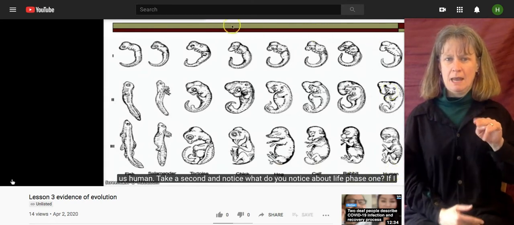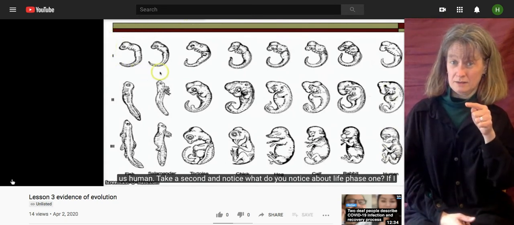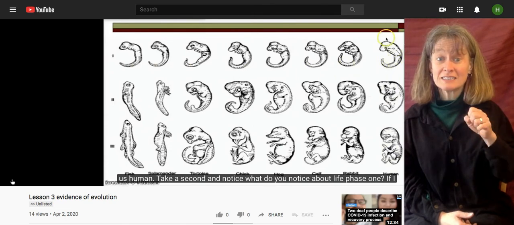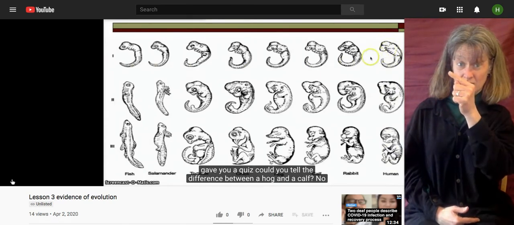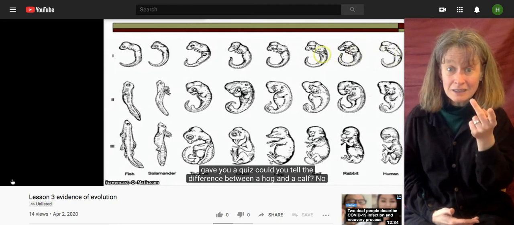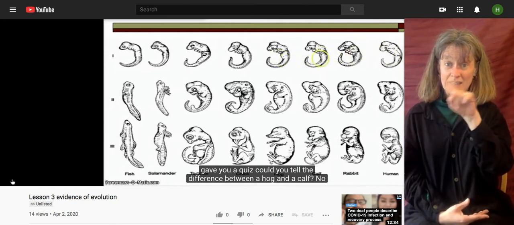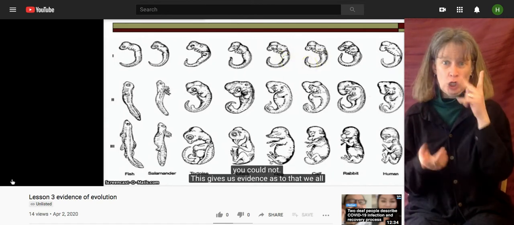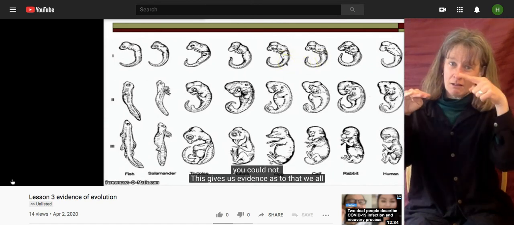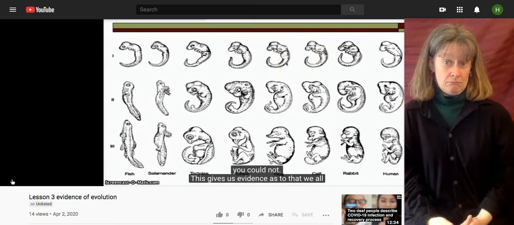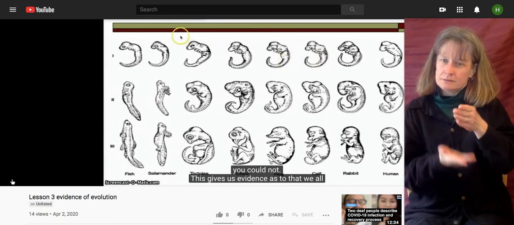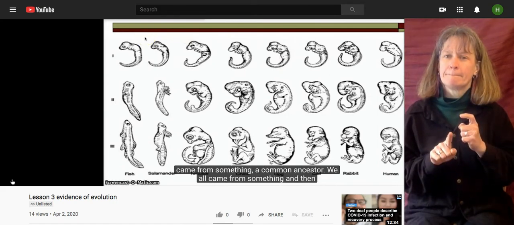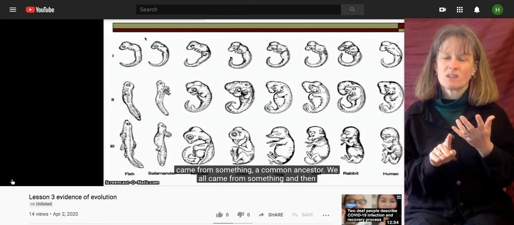Take a second and notice, what do you notice about life phase 1? If I gave you a quiz, could you tell the difference between a hog and a calf? No, you could not. This gives us evidence that we all came from something, a common ancestor.